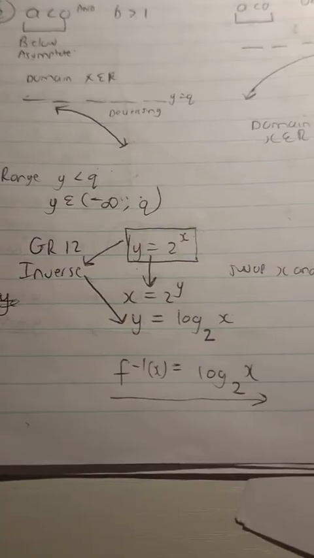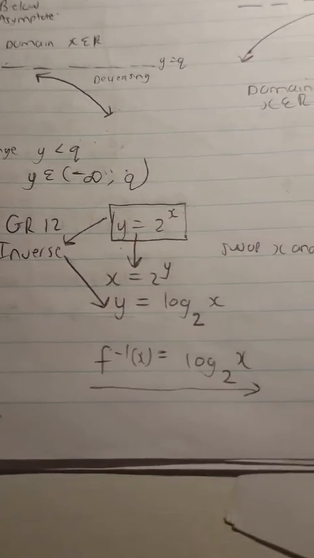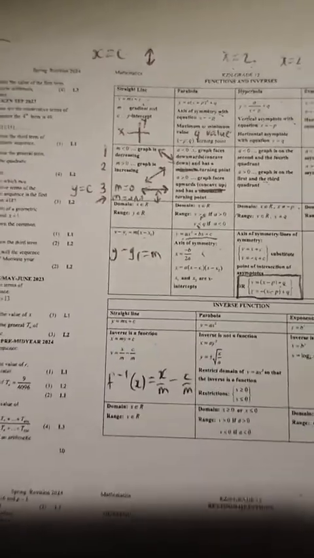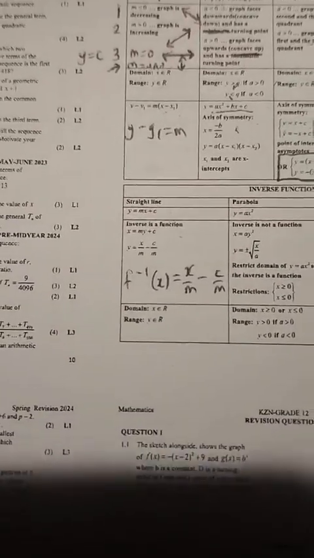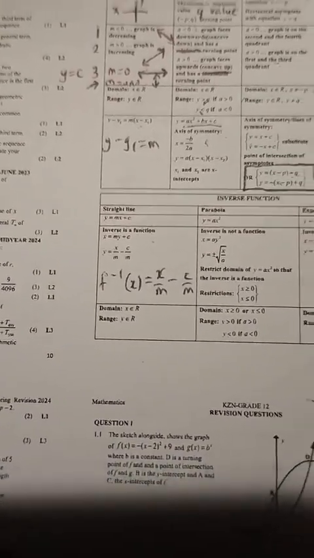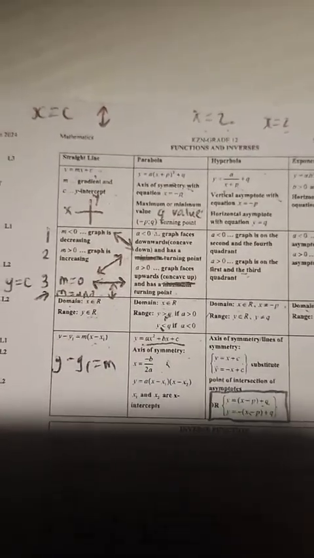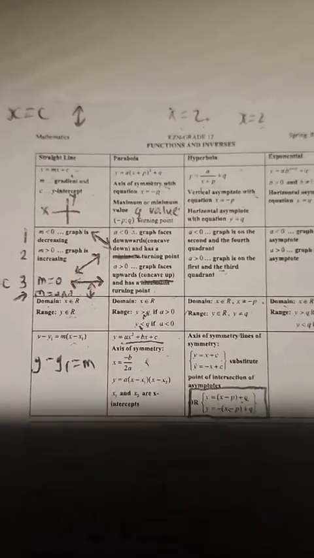So what I've done, guys, is I've summarized for you all 4 of the basic functions. Straight line, your linear function. I looked at the grade 11 concepts and the grade 10 concepts with the grade 9, and then looked at the grade 12, which is the inverse function, and the domain and the range. We looked at the parabola in the previous video, the previous live I did yesterday.